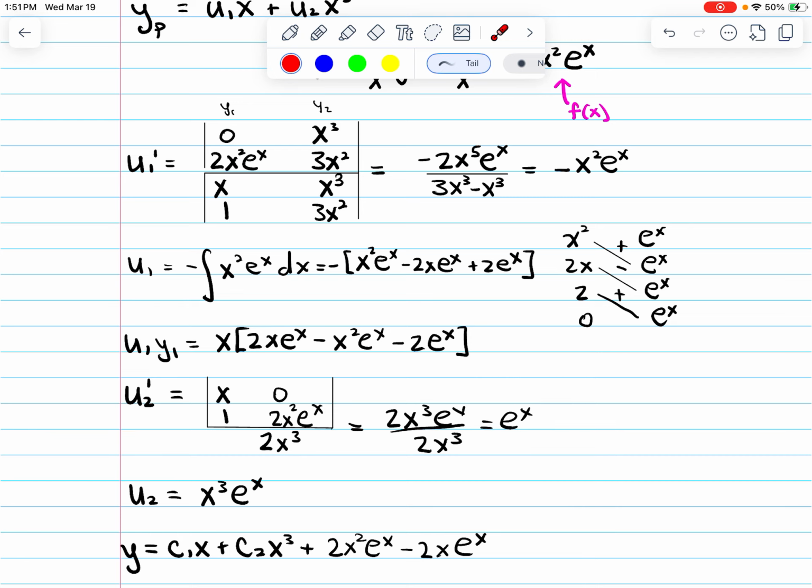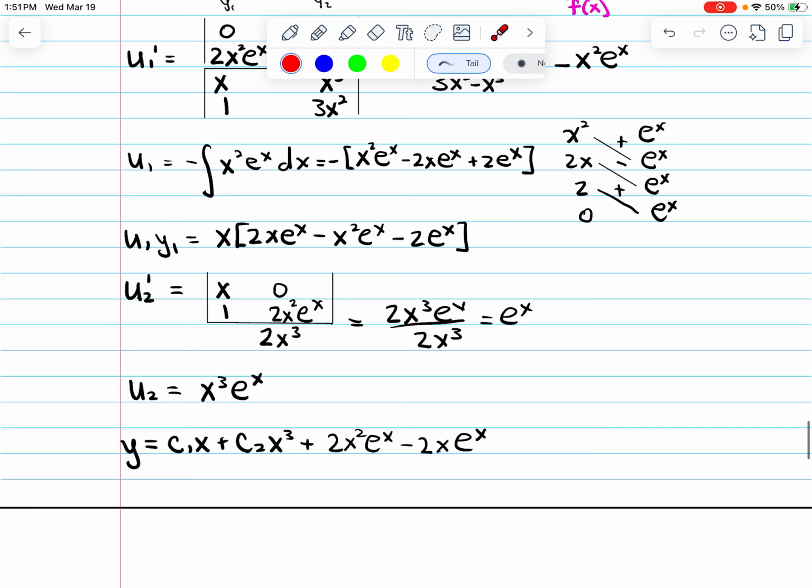So u2 prime equals e to the x, therefore u2 equals e to the x. And now I notice I've got something wrong here. This is u2 y2. There we go. So u2 y2 is e to the x.